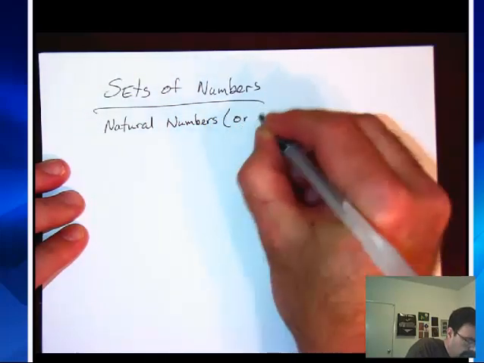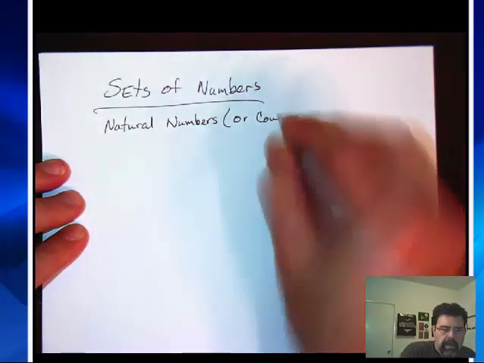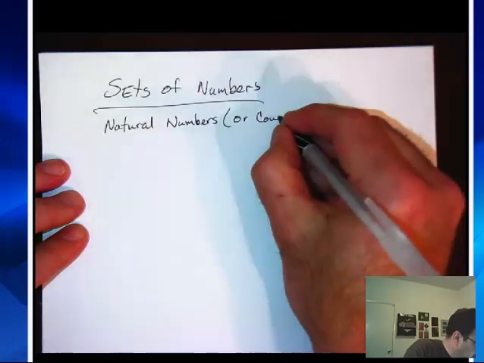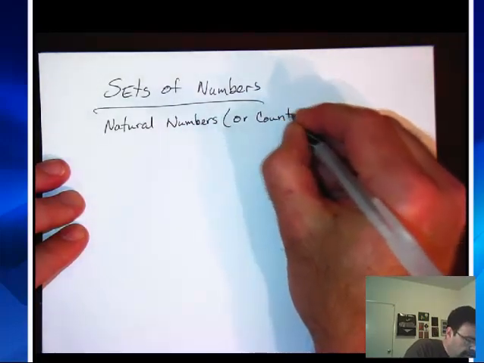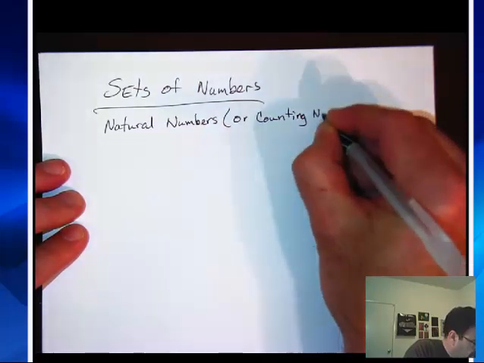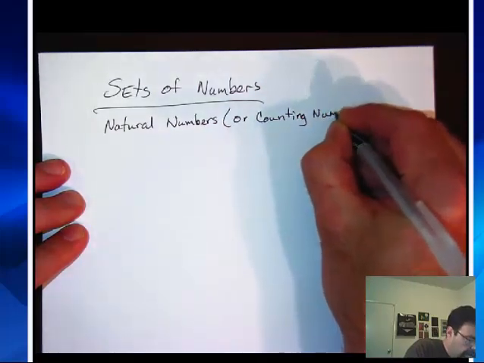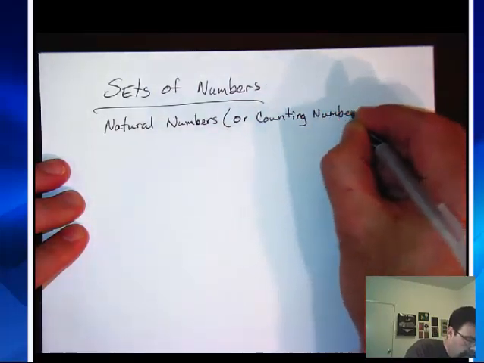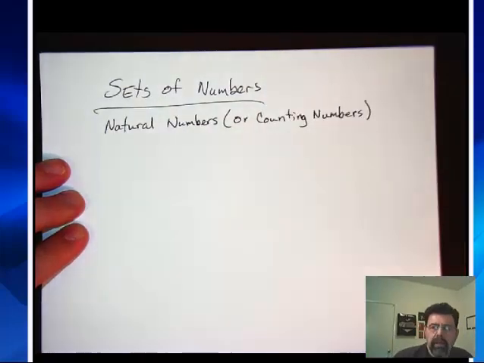And actually, this book will use some symbols for it. And so natural numbers are the same thing as counting numbers. Some people refer to these as counting numbers. Some refer to them as natural numbers.